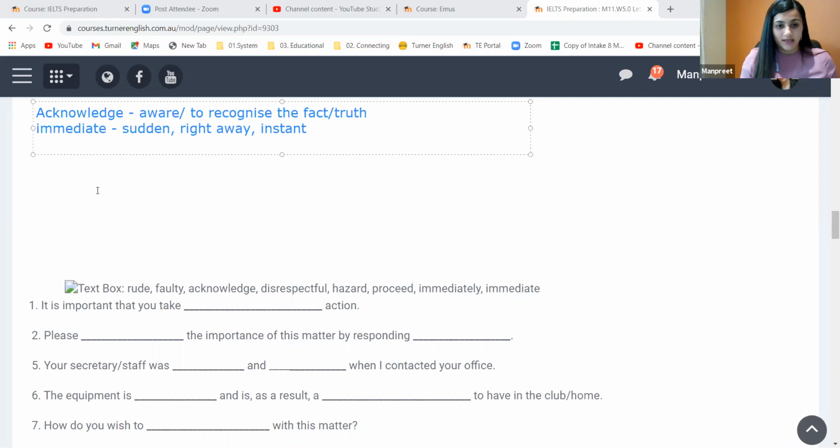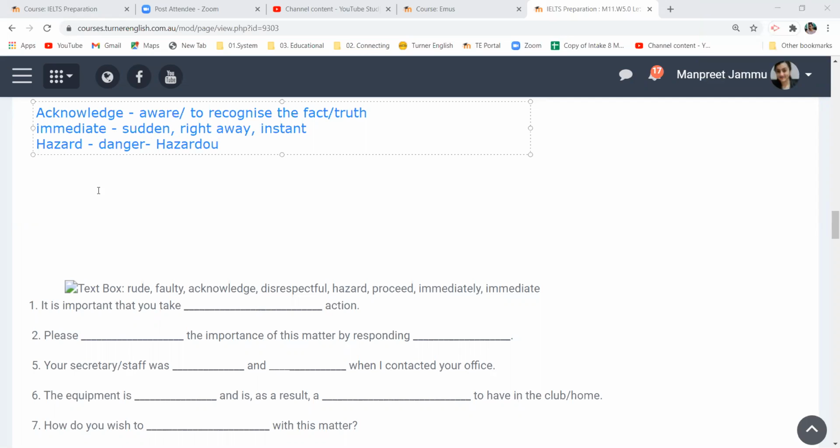Okay, good. Hazard. What is the meaning of hazard? Danger. Good. Risk. So danger or risk.